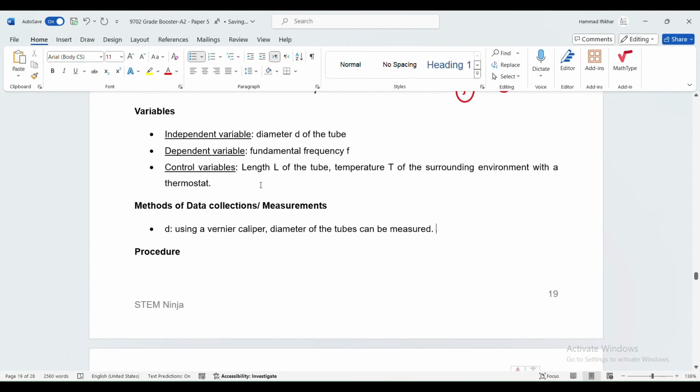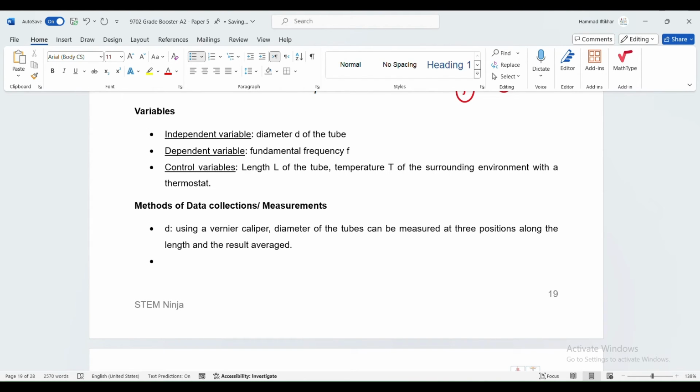For a better reading, it can be measured at three positions along the length of the tube, and the result averaged.